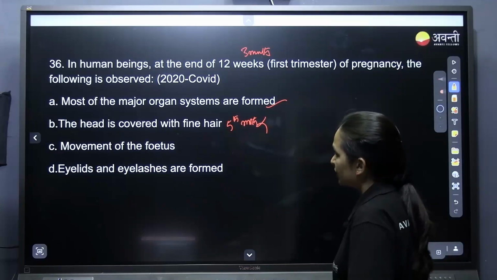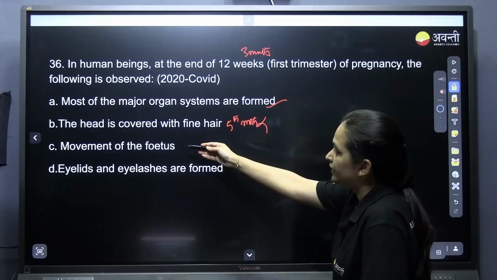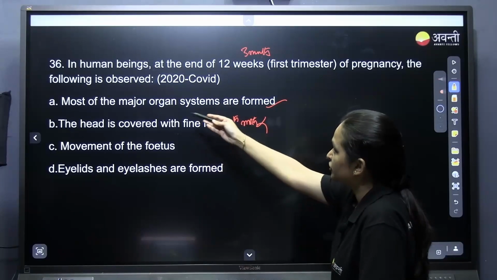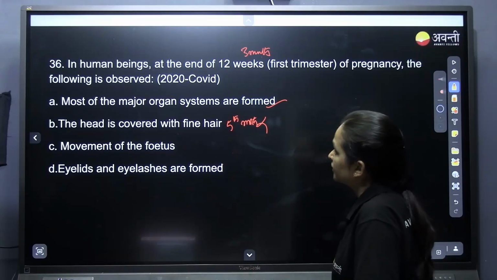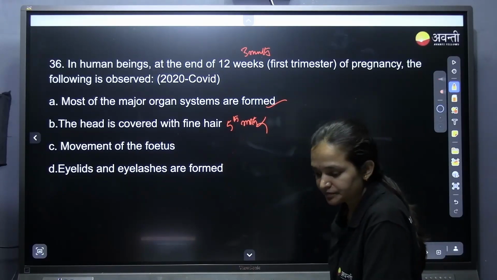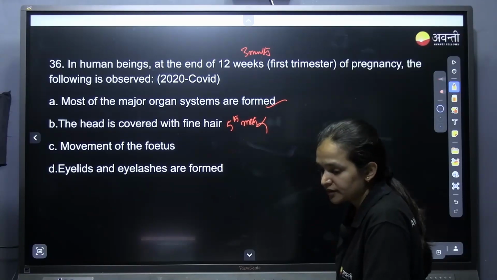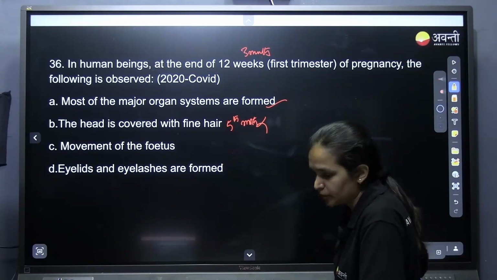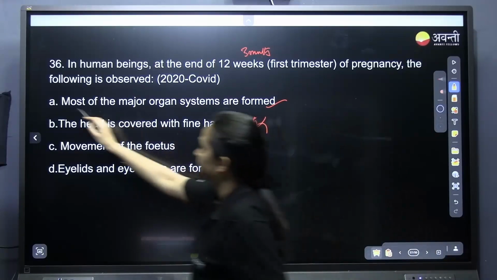Movement of the fetus, eyelids and eyelashes are formed. It is also in the 5th month. So most of the major organ systems are formed in the first trimester, especially heart. In the first month itself, the heart formation begins. So A is the correct answer.